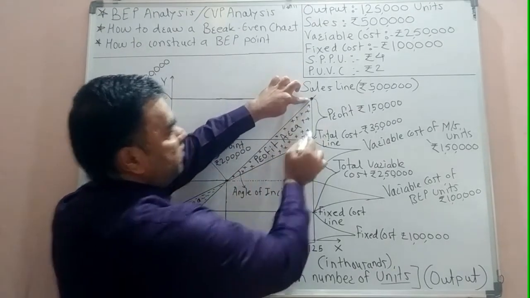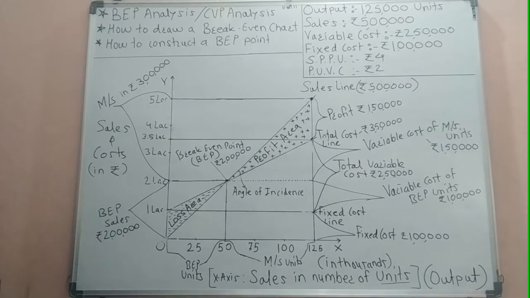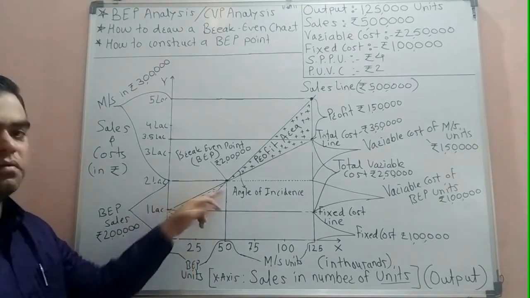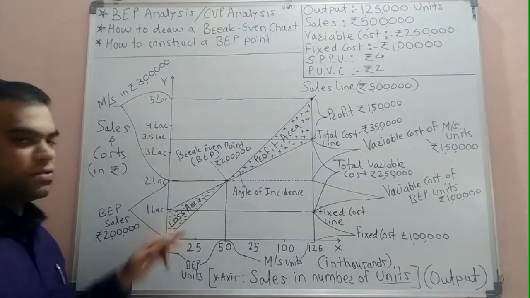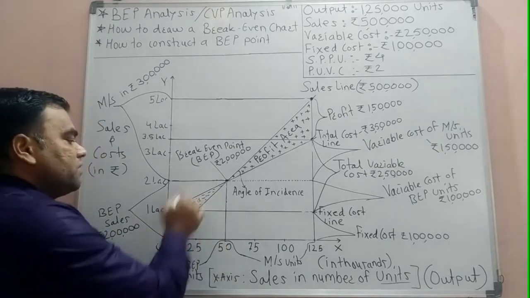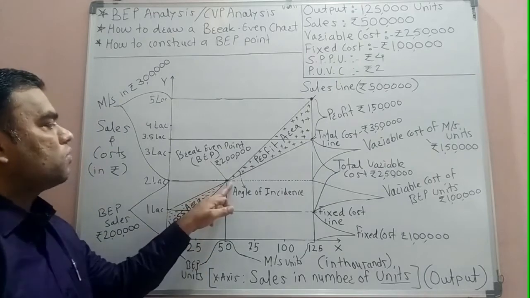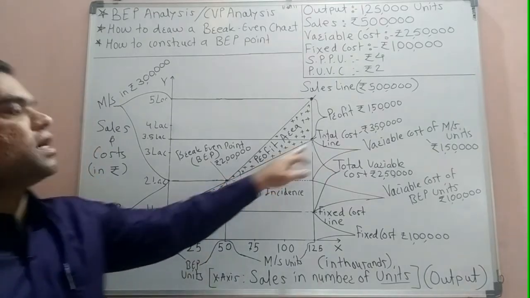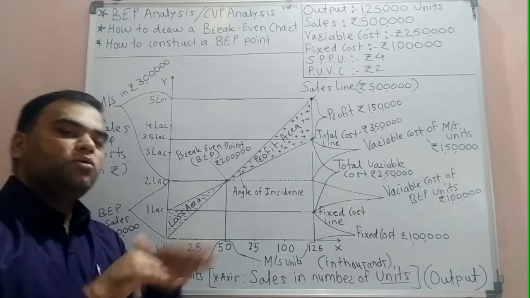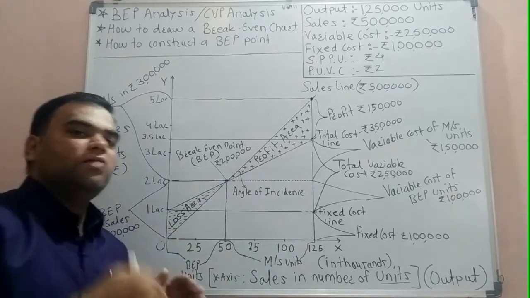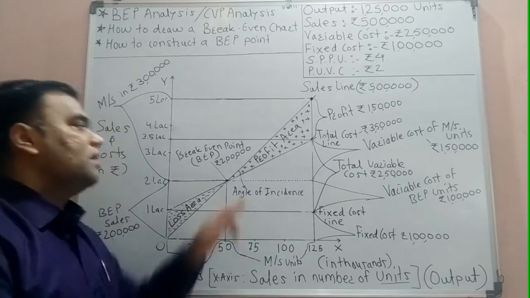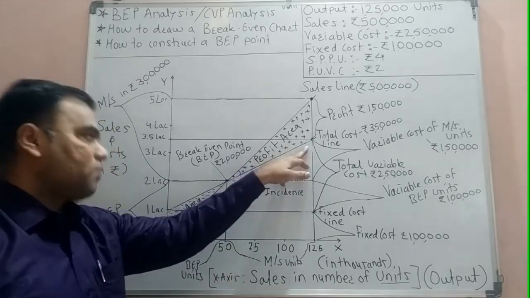So we have discussed that up to BEP stage you get the loss. If you have not reached the BEP stage, you are suffering loss. When you cross BEP sale, then you start earning profit, as we discussed in the last lecture. Up to BEP sale we have to recover the fixed cost, and when that fixed cost is completely recovered, we start earning profit.